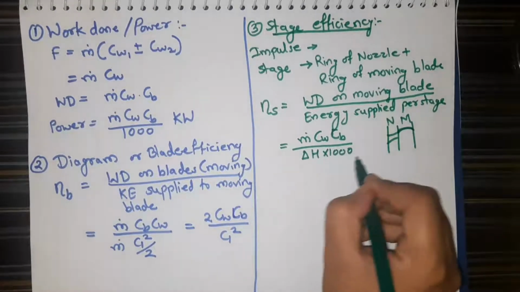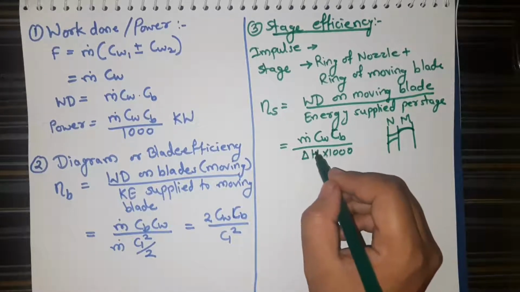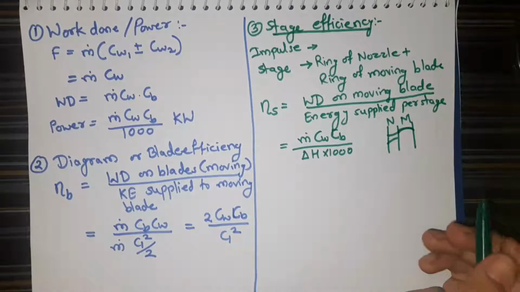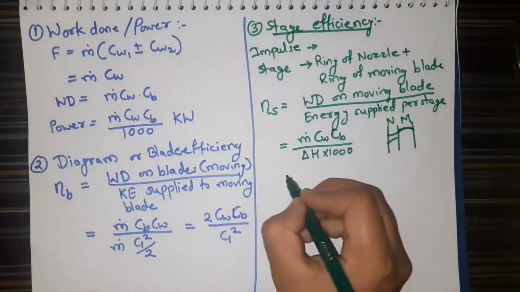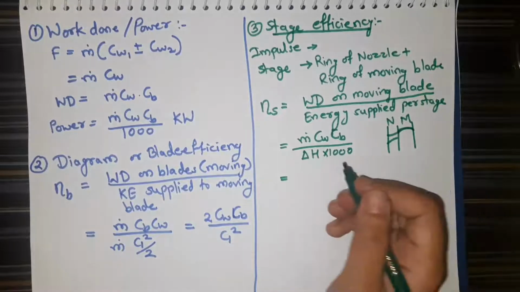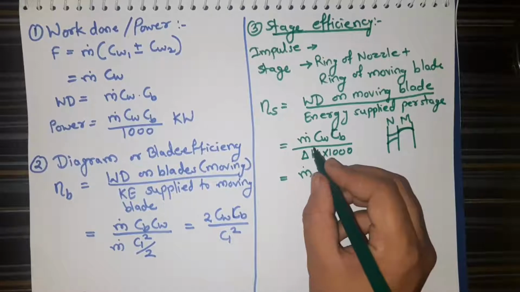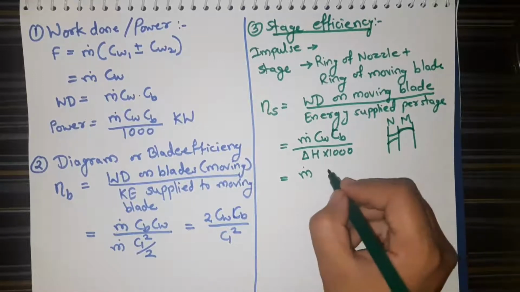This 1000 is because from the steam table we get the enthalpy in kilojoule per kg, while we need joules.